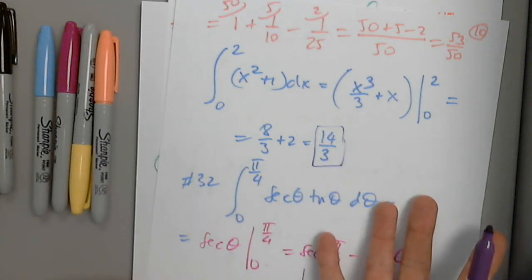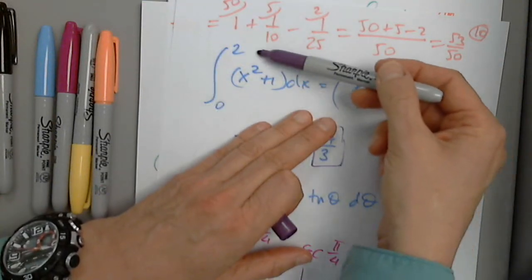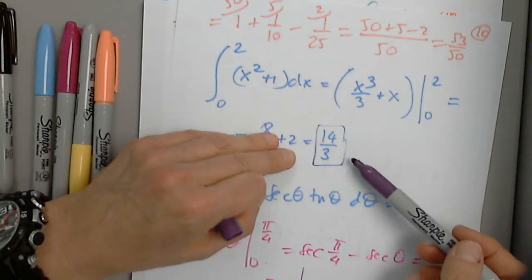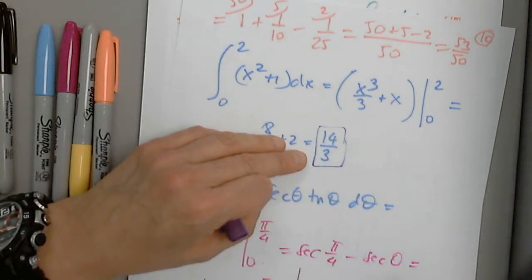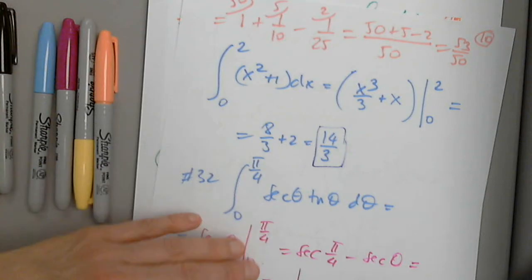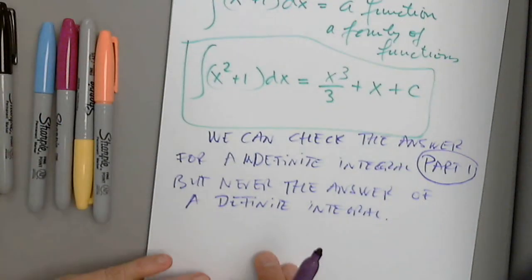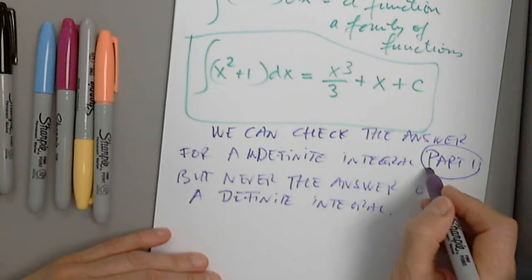Because we looked at it in two different ways. But if you give me a number, if you give me the beginning, and if you give me the answer of a definite integral, I will not be able to check. I would just start from the beginning, and hopefully I'm getting the same answer. However, for indefinite integrals, we can always check. Why?